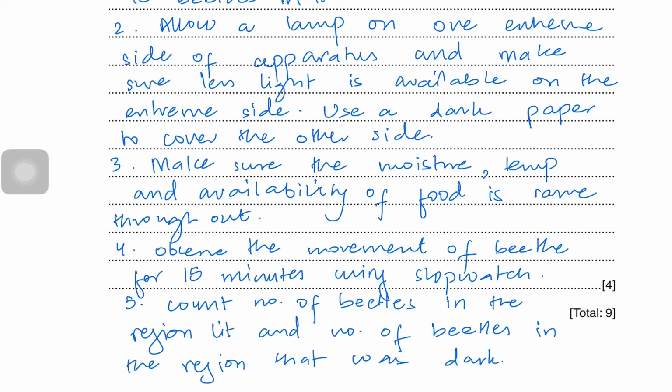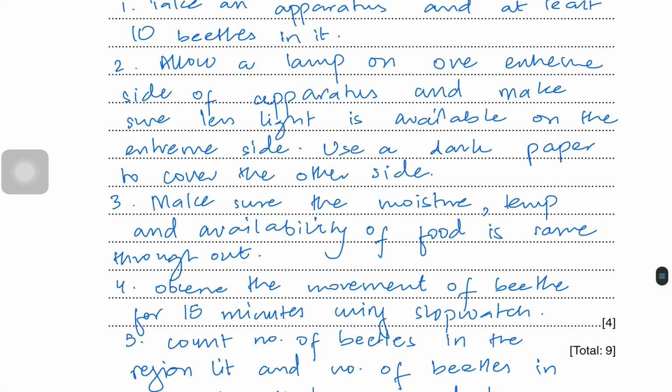So here you're using the same apparatus, but this time the main comparison is one side is brightly lit, the other side is dark, and everything else is same, temperature, moisture, and now you're just allowing them to move, and after that you will count them.